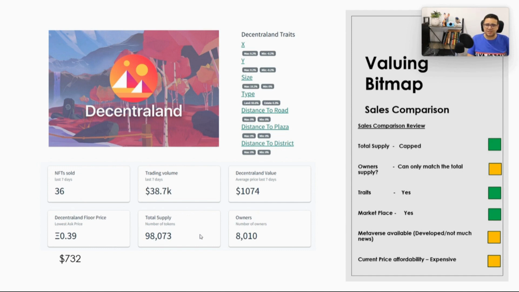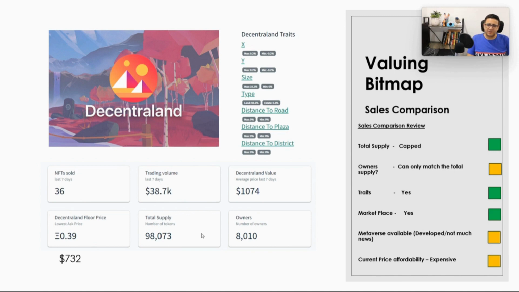If you do know, please provide some comments if there are any more developments happening within the Decentraland project. However, because I've been aware of this project for some time and I haven't seen so much happening with it, I've rated it an amber because it seems like it's stalled a little bit. So that's why I've perhaps given it a medium rating.